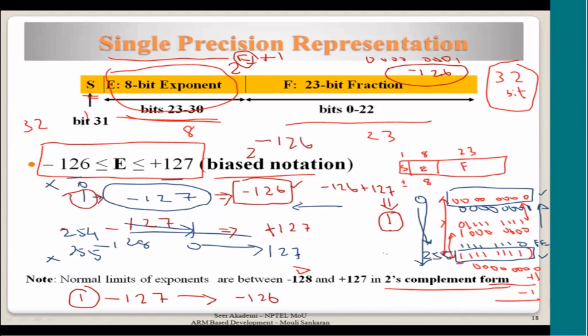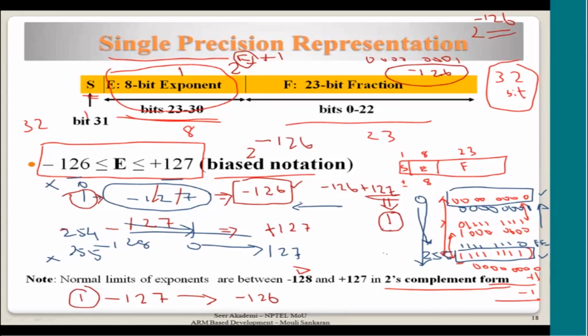So effectively this is nothing but minus 126. If I write a 1 in the exponent portion, it actually represents minus 126. So how do I get back? Remember, this is the number I want, 2 power minus 126. While storing it, I add a bias of 127 and then store it as 1.